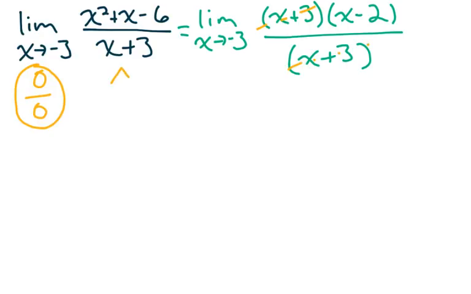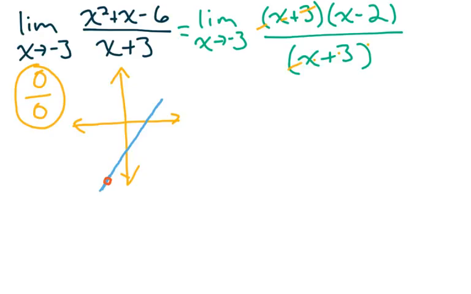Again, if you tried to graph this function, you would see that it looks like the graph of the line y equals x minus 2, so positive 1 slope and a negative 2 for the intercept. But it's going to have a hole wherever x is equal to negative 3.